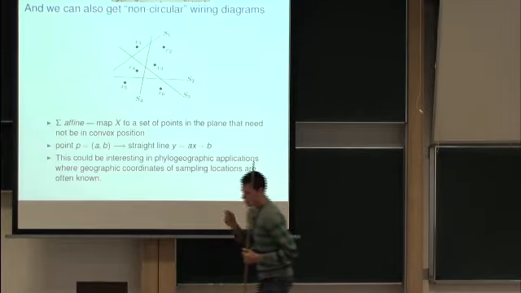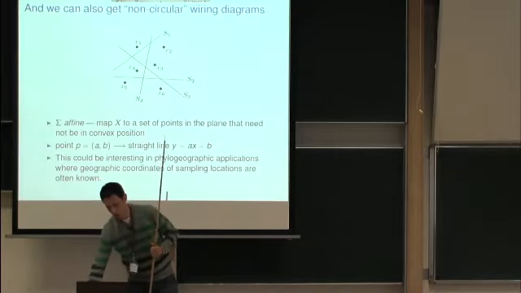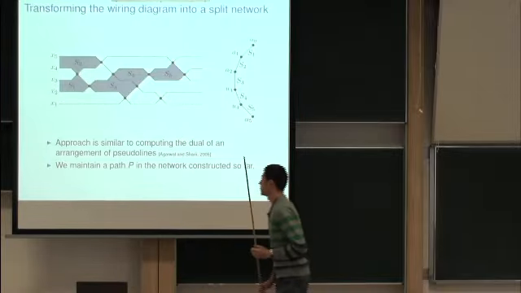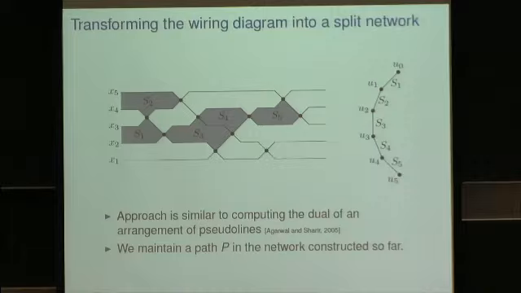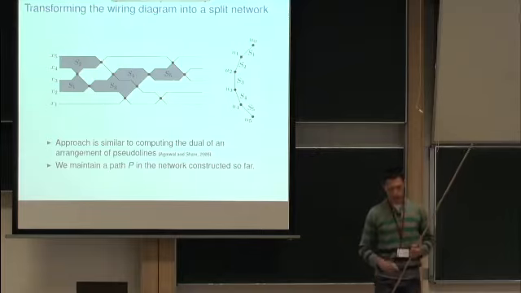Okay, so we get flat split systems with an encoding that might be helpful for drawing these things. So now let's quickly go through the algorithm for how we transform this, usually encoded just as a sequence of permutations, into some split network. The nice thing about this wiring diagram is that I can talk about things that lie below or above.